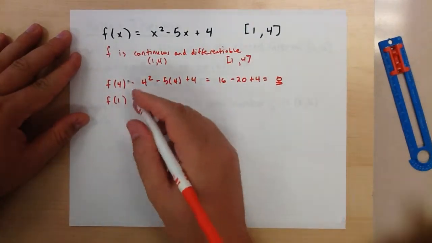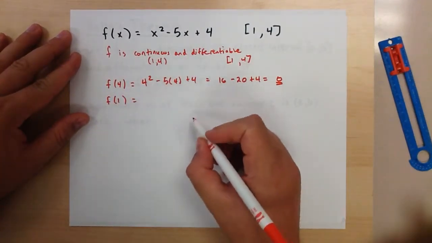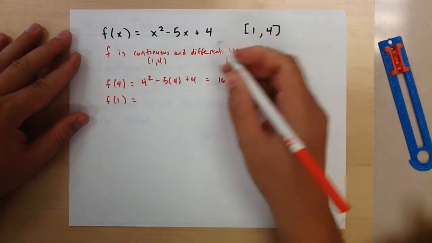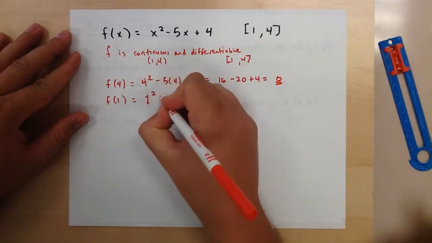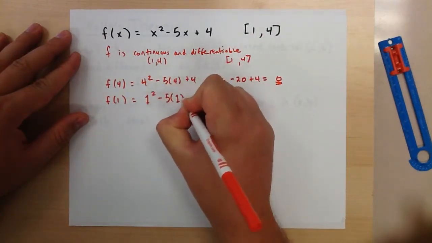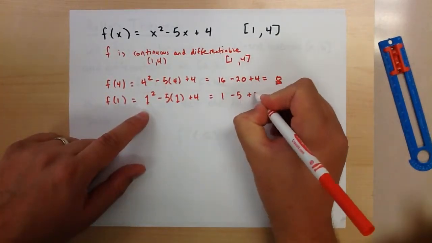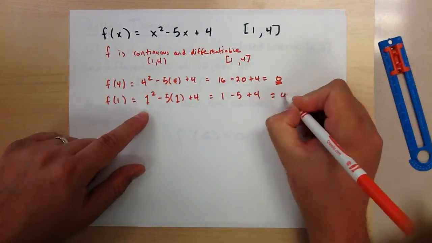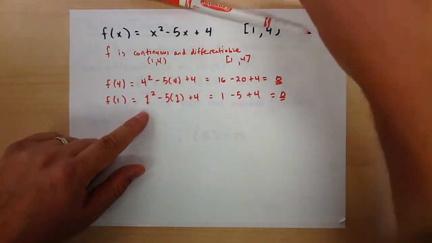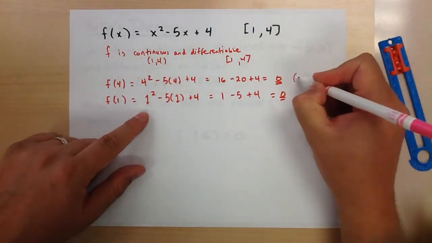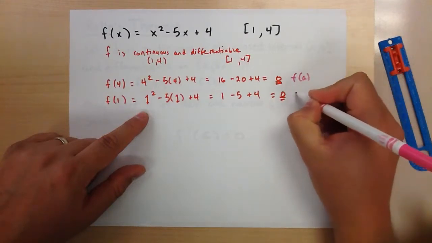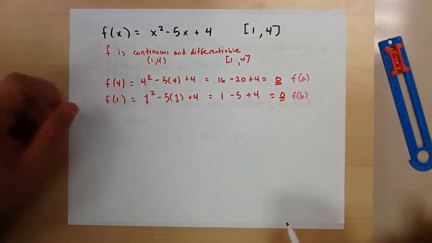And f of 1 better also be 0, because if not, that means f of a and f of b are different values. So if I put 1 in there, I get 1 squared minus 5 times 1 plus 4. That's 1 minus 5 plus 4. I get 0. So f of a and f of b are the same.